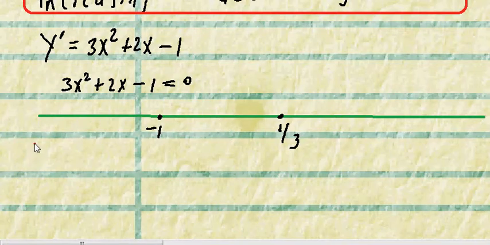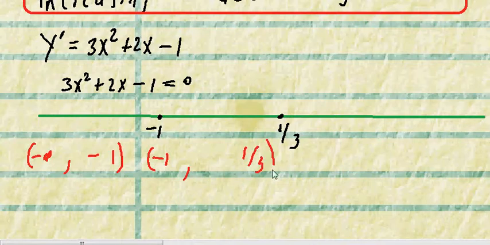The first open interval is from negative infinity to negative 1. Then I'm going to get an open interval from negative 1 to 1/3. And then another open interval from 1/3 to infinity. Now what I have to do is find points.